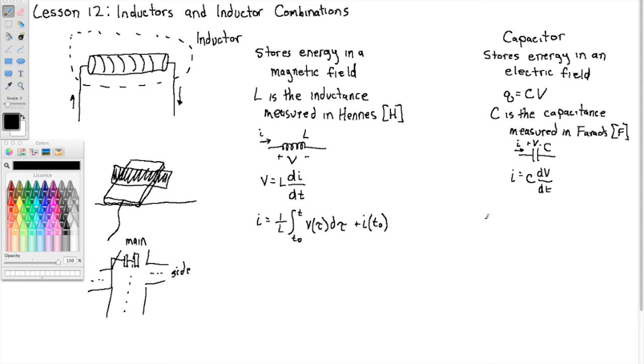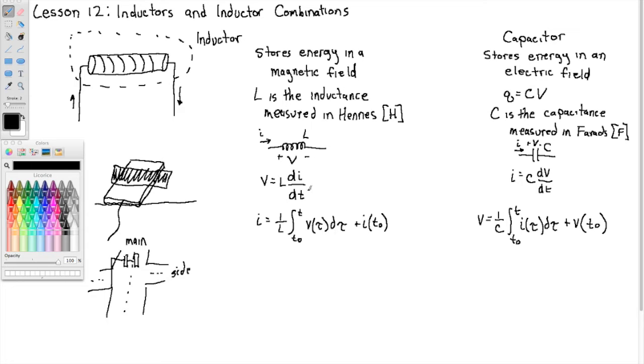For the capacitor, recall, we had V equals 1 over C times the running integral from t0 to t of I of tau d tau, plus the initial condition.